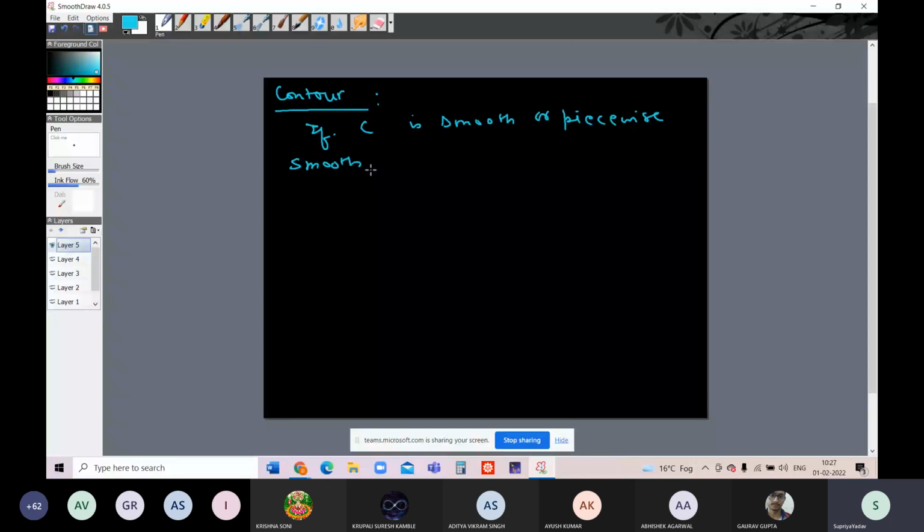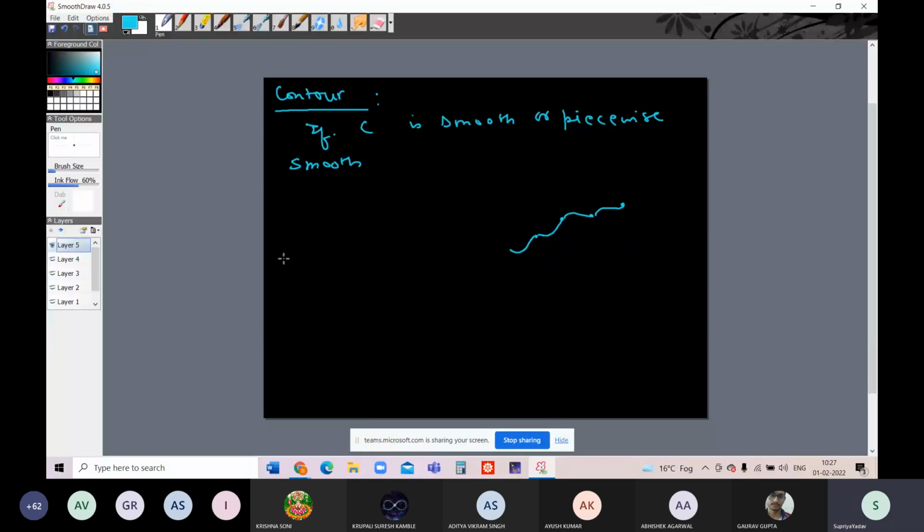The piecewise smooth curves will be like this, from here and then from another, a curve like this. So this consists of a finite number of smooth arcs, then it is said to be a contour.